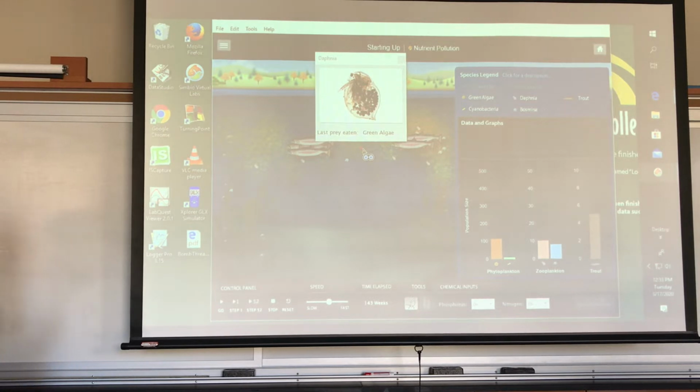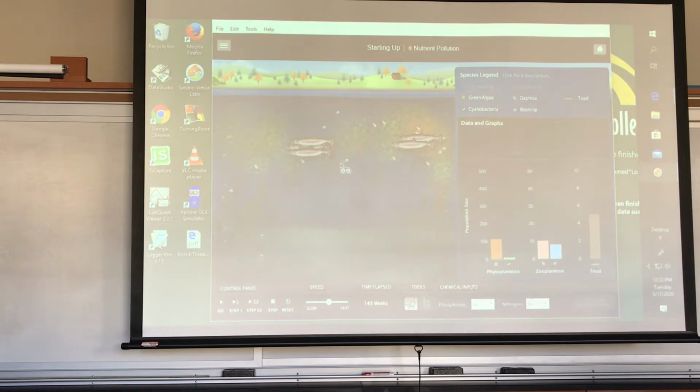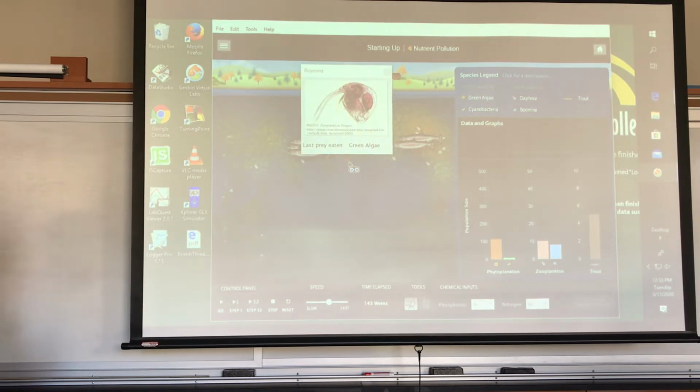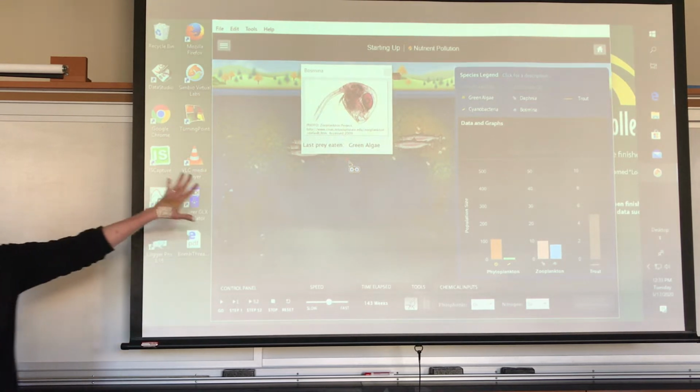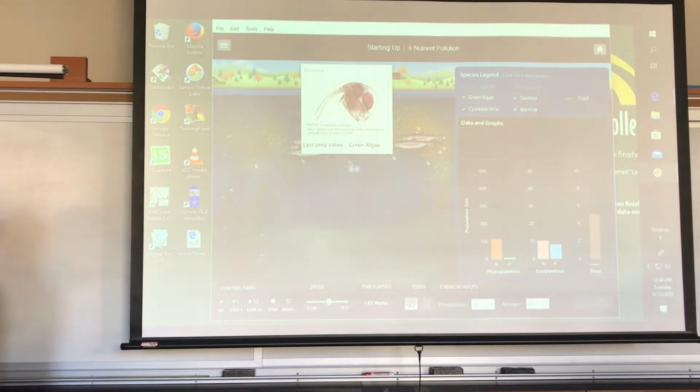The last thing it ate was green algae. And we can click on the Bosmina and see the last thing it ate was algae. So that's the first thing that you're going to be looking at in exercise 1: look at the organisms that are in your lake and see what they have eaten.